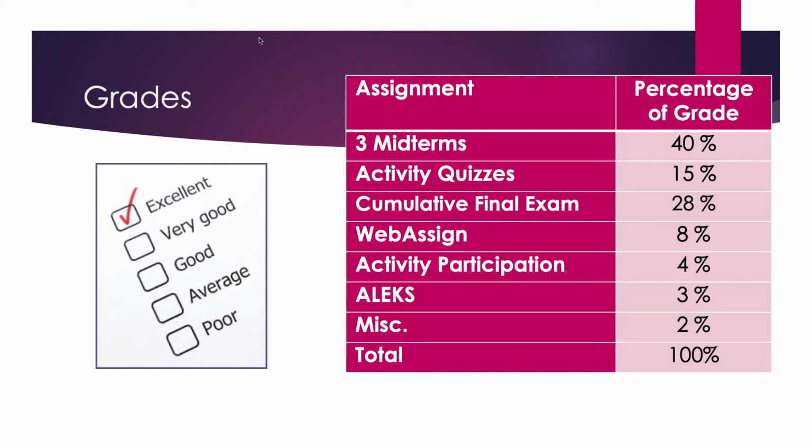WebAssign, which is your online homework due twice a week, Thursdays and Sundays, is worth 8% of your grade. Your activity participation, just showing up and participating with the instructor and fellow students, is worth 4% of your grade. ALEKS, which we'll talk about in a minute, is worth 3%. And then there's a few other little items that are worth 2% of your grade.